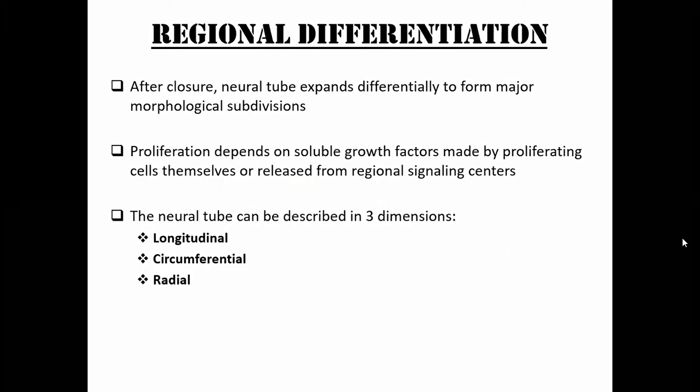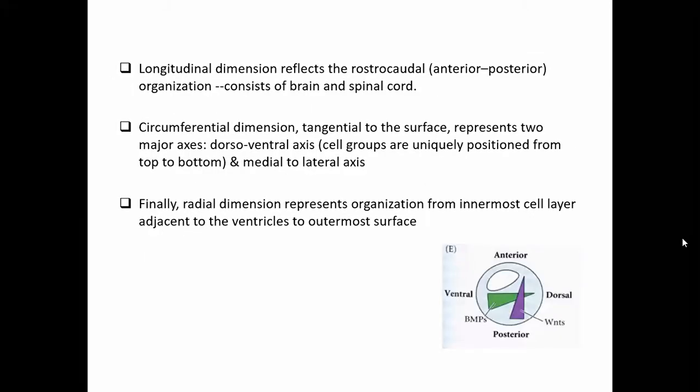So you can see that there is proliferation of your neurons to other centers, and it goes to different dimensions: the longitudinal dimension, the circumferential dimension, and the radial. This is already the neural tube. The longitudinal dimension becomes your brain and spinal cord.